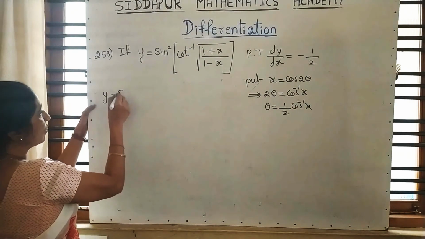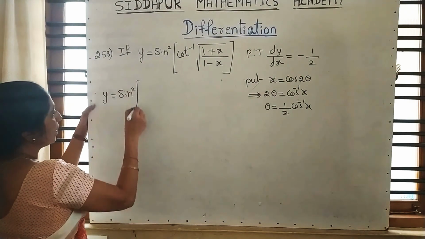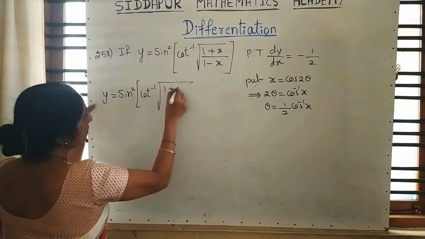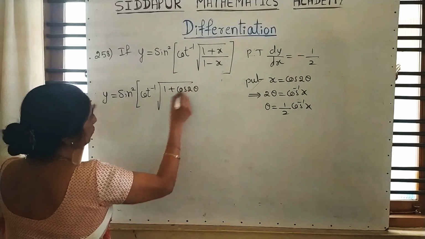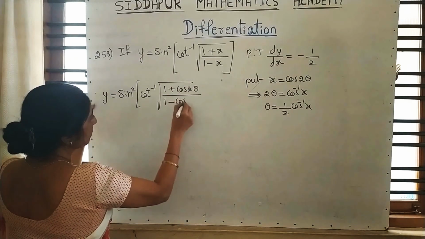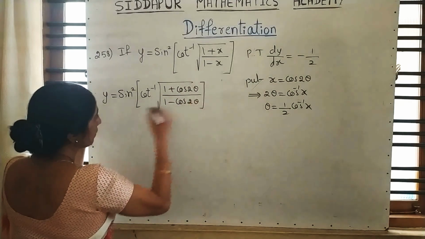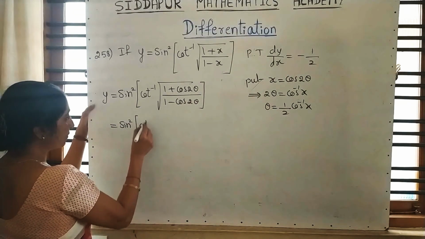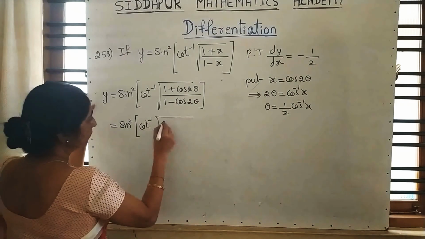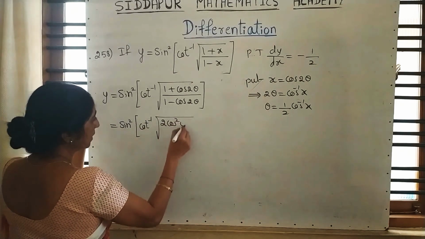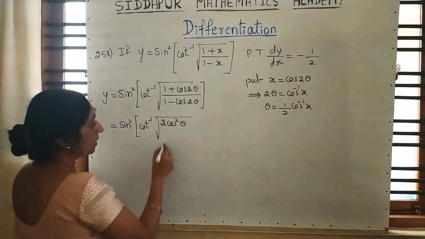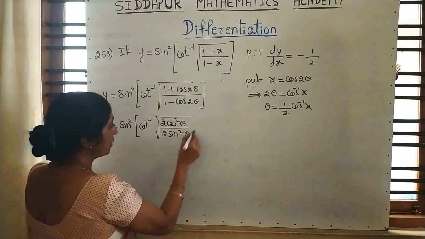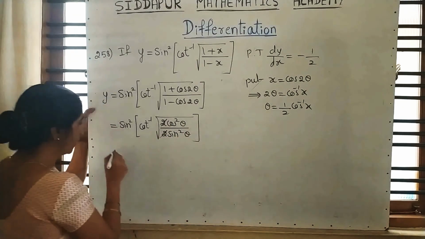y is equal to sin square cot inverse root of 1 plus cos 2 theta upon 1 minus cos 2 theta. Already we are familiar with multiples and submultiples. 1 plus cos 2 theta is 2 cos square theta. 1 minus cos 2 theta is 2 sin square theta. 2 and 2 get cancelled.